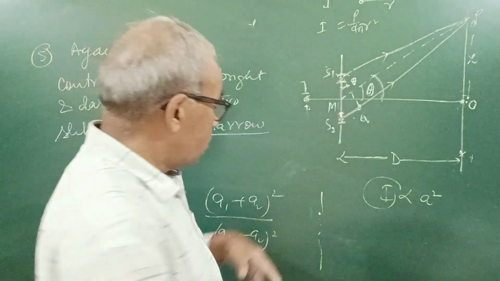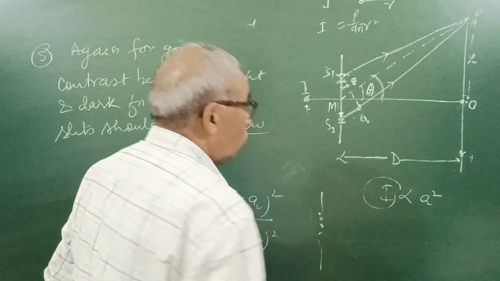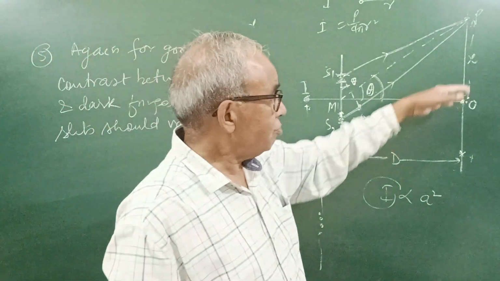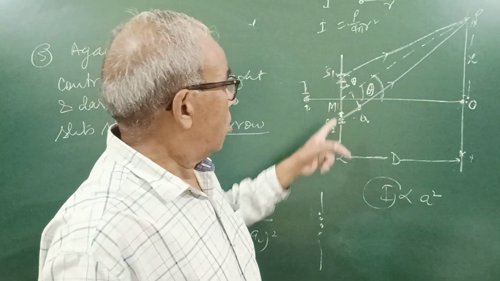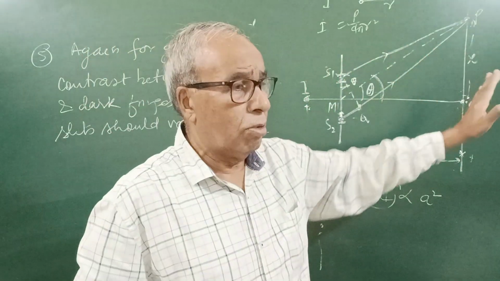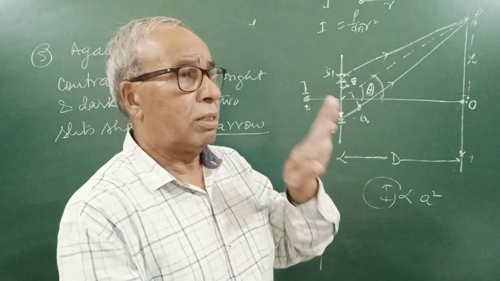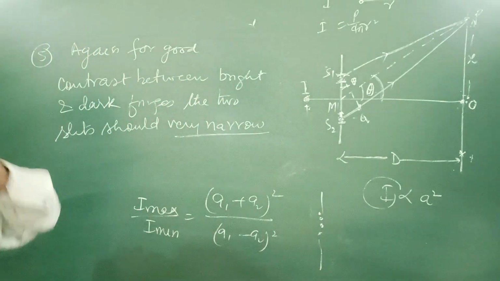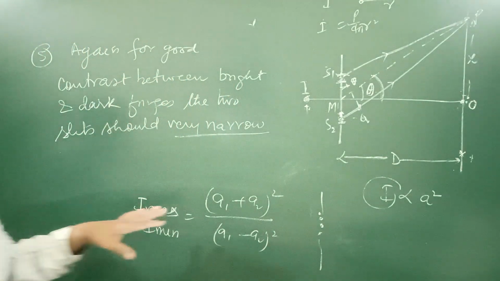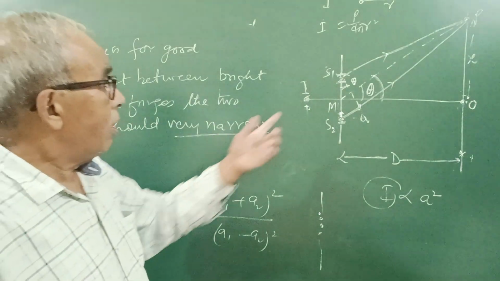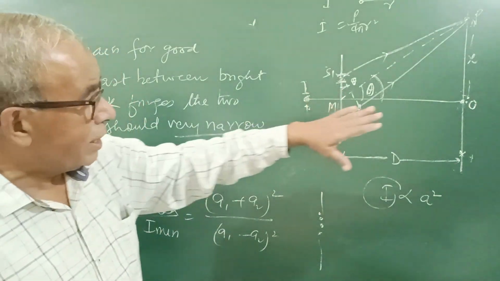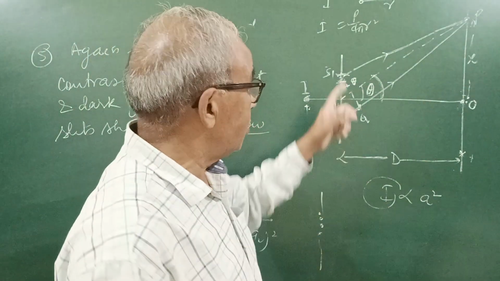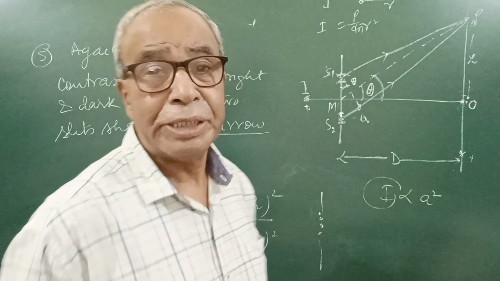The fringes of these pairs will be little shifted from the principal fringes obtained, and that overlapping will decrease the intensity of fringes. So it should be very narrow. If the width is less than the fringe width, then you get good contrast. If this becomes more, fringes disappear.